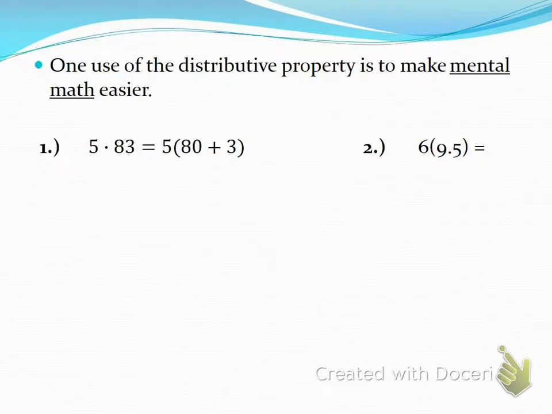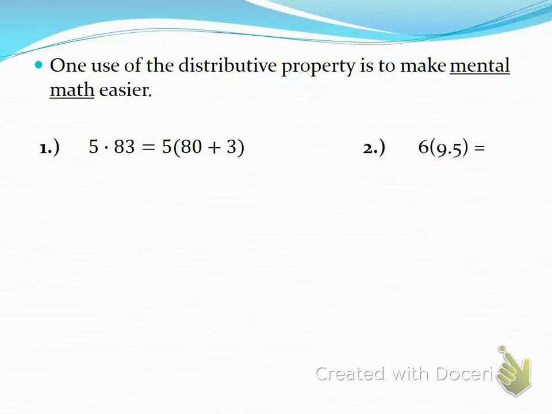You don't necessarily have to write this sentence, but one use of the distributive property is to make mental math easier. Most of us, if we saw 5 times 83, might not be quite so sure how to do that really quickly unless we grabbed a calculator or wrote it out by hand. But we can split the 83 into an 80 plus a 3 and then distribute. It's easier to multiply 5 times 80.